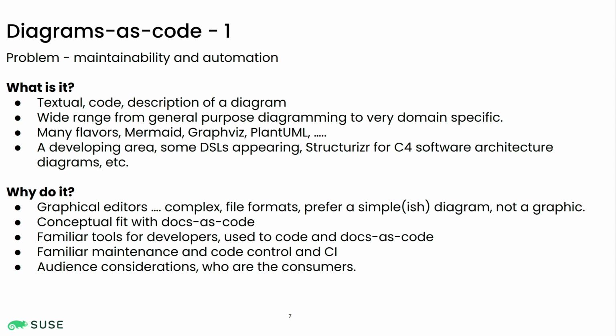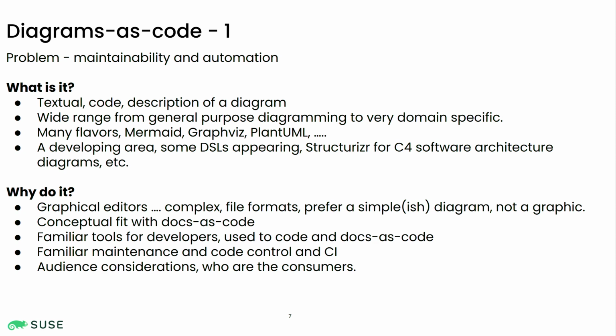Right, and doing it this way, you fit in automatically with free use of editors and being able to use GitHub and Git and all those tools that are familiar for ourselves and the developers. And we need to pay attention to the consumers these days.